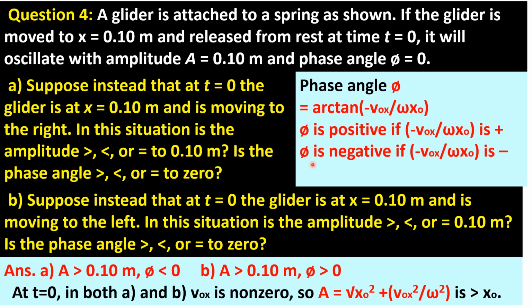And if the phase angle is to be negative, then it's because the ratio negative v naught x over omega x naught is negative. So that explains why in letter A, the phase angle is negative or less than 0, while in situation B, the phase angle is positive or greater than 0.